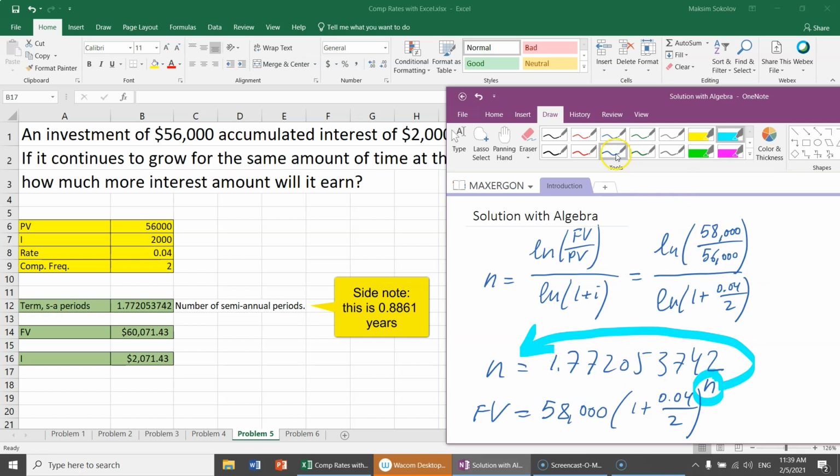We'll just keep it in the memory of the calculator, and once we solve it, we'll find that it's going to be 60,071.43. Of course, we found the same future value as in Excel. Now, to find interest, we'll subtract our present value, which is 58,000, from 60,071.43. We'll obtain, of course, 2,071.43, which is the answer exactly as we got with Excel.